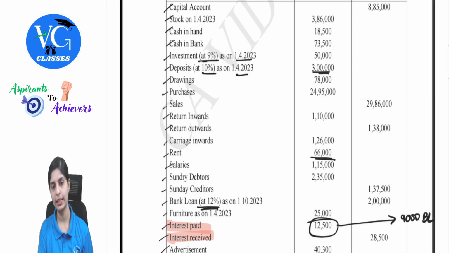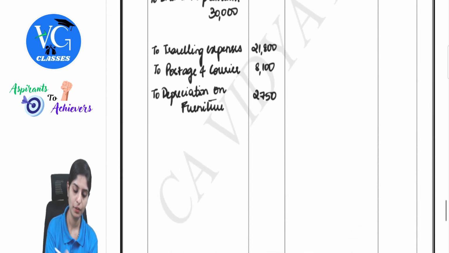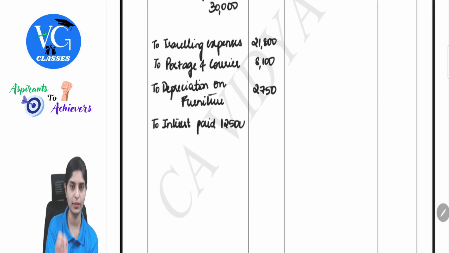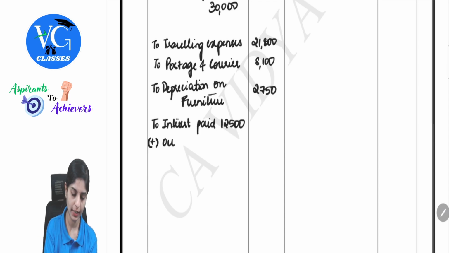Yes. So, first, it becomes an interest which is outstanding, correct? Because interest on bank loan is your expense. So, therefore, you will have to reflect this additionally with respect to the loan. Where will this come? First, to interest paid 12,500. This is normally there. For this, I will add 3,000 more, outstanding interest on bank loan.